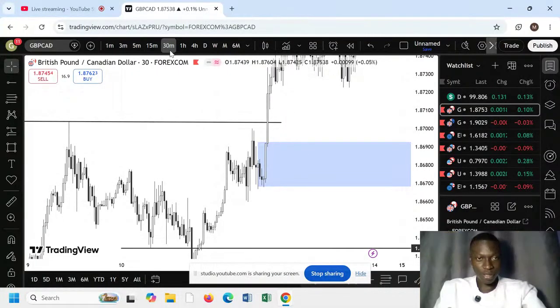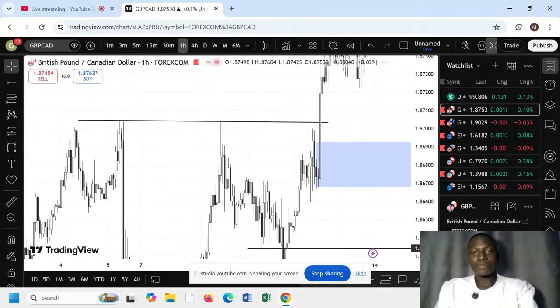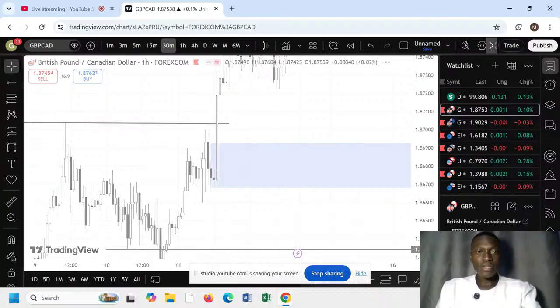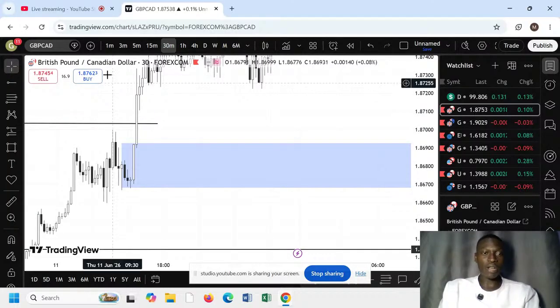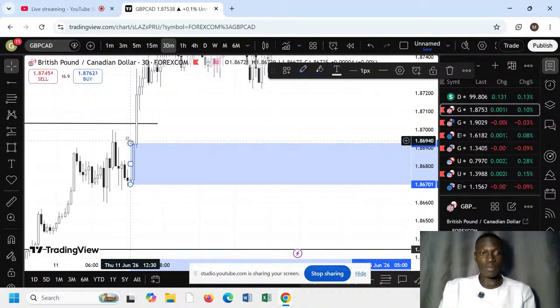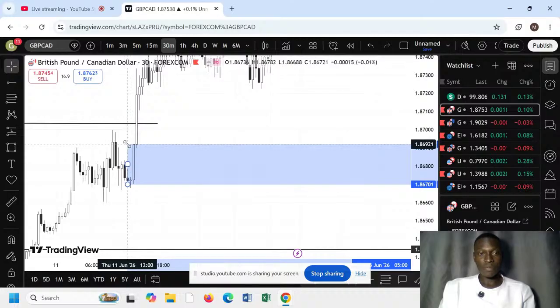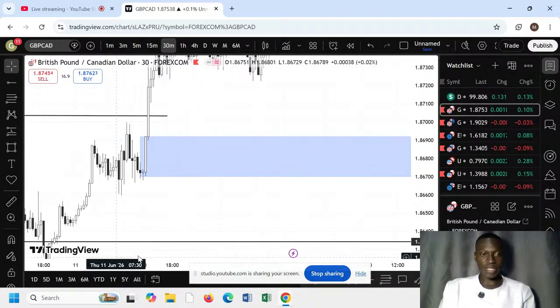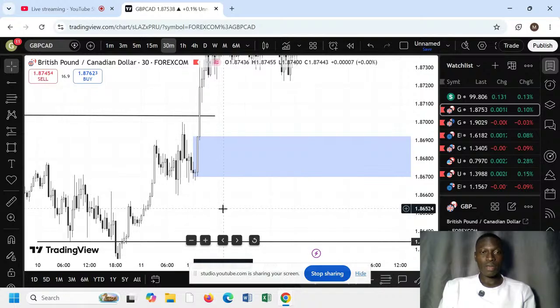Oh my goodness. Okay, so now if I'm to miss this trade, let me put this order block on the 30-minute time frame. I'm going to start from the 30-minute time frame and mark it here. Now if I'm to put a stop loss, honestly speaking, I'm going to put it down here.